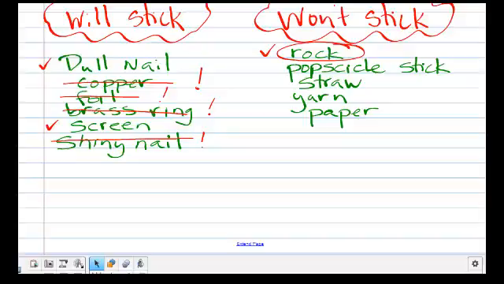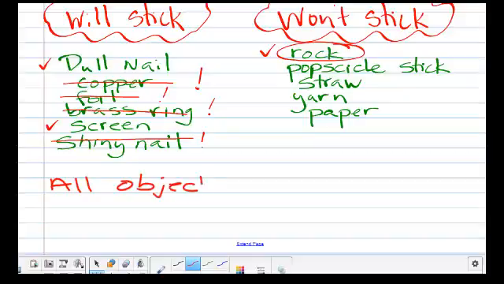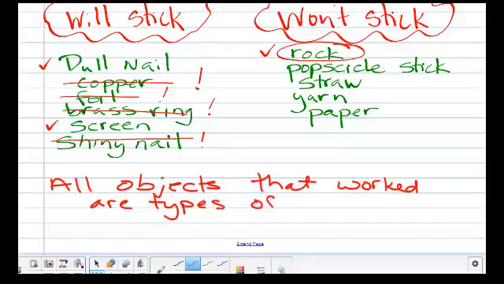So Thomas, now what I want you to do is come back to your notebook and write down things that you noticed: all objects that worked are types of metal. Now, Thomas didn't say they're all metal. Thomas, why didn't you say that it's all metal?